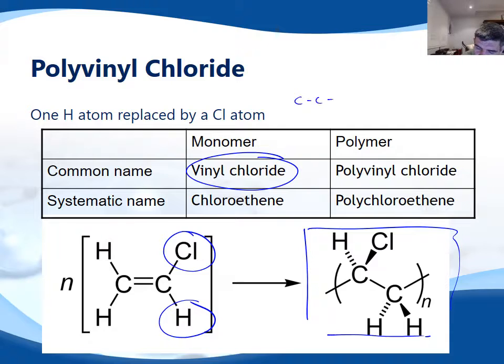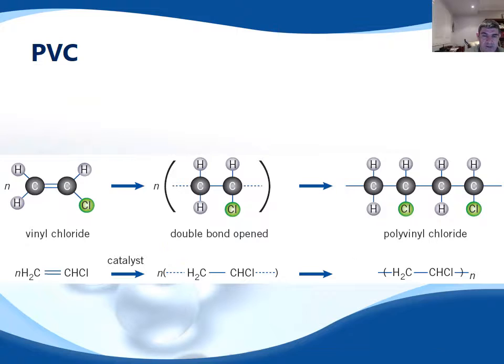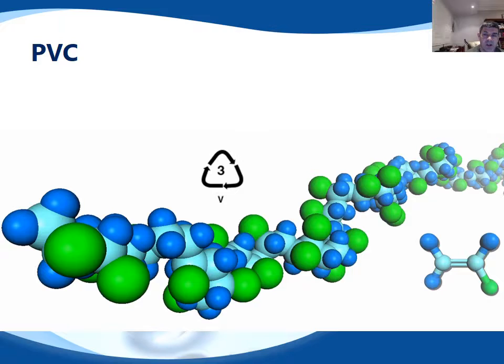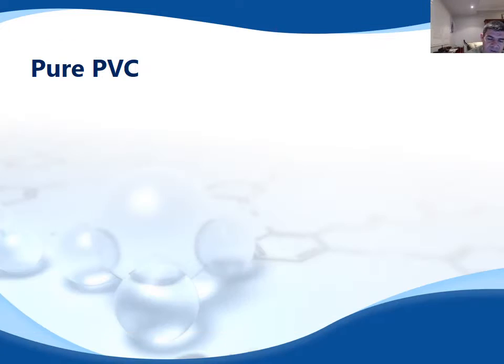If you put several carbons along, then you're going to have hydrogens alternating with a chlorine, and so on. Now with PVC, you can see here the bond opening. The polyvinyl chloride is just alternating chlorines every second one along, just to show how that structure occurs. Here's a sort of oversimplified diagram where the green little balls represent the chlorine atoms.